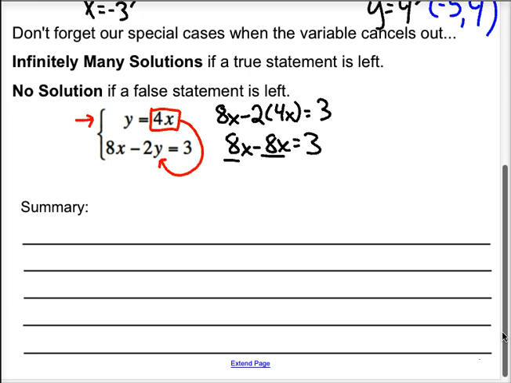Well, 8x minus 8x, my variable completely dropped out. All I have left is 0 equals 3, a nonsense statement, a false statement. So what that's telling me is that this has no solution. If I were to graph these two lines, these would be parallel lines. They would not intersect at all. All right, so just a little reminder to not forget those special cases that can occur.